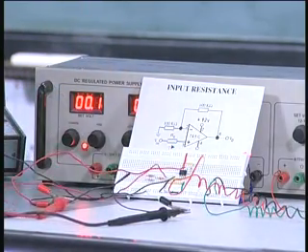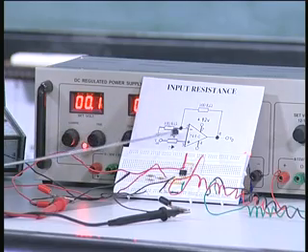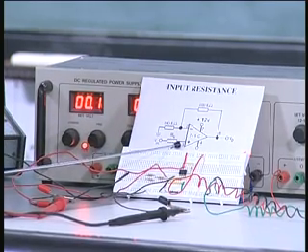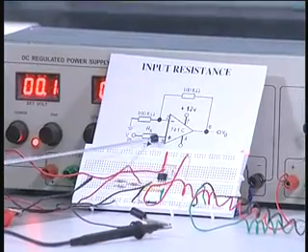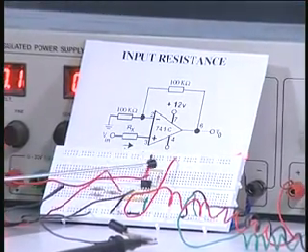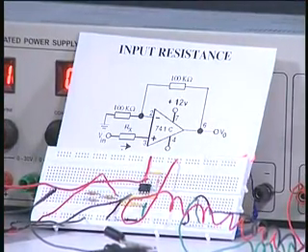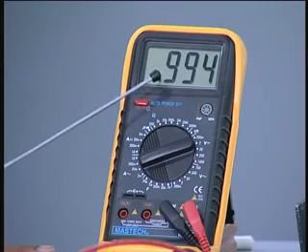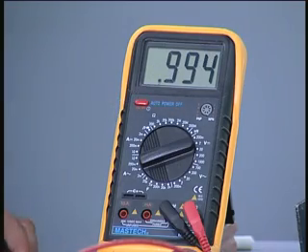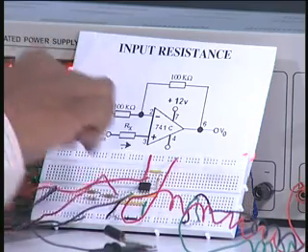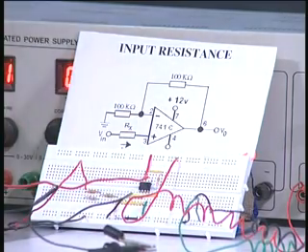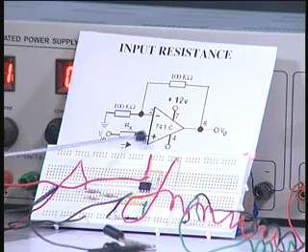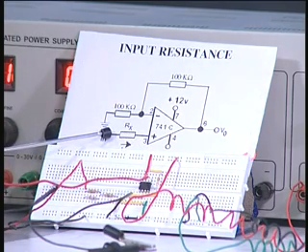So I have actually given the input at this point at pin number 3 directly. I have given the input from the millivolt source at this point, pin number 3, and I measure the output voltage using the multimeter. It is about 1 volt, 0.99 volt. Now I remove this input and connect it at the input point before the resistor. So from here I disconnect the input voltage and connect it here.